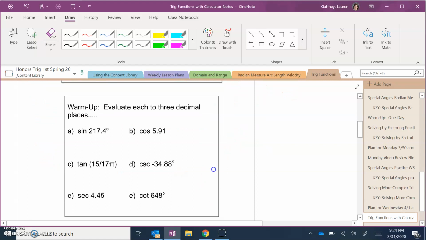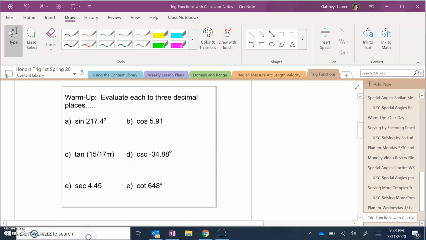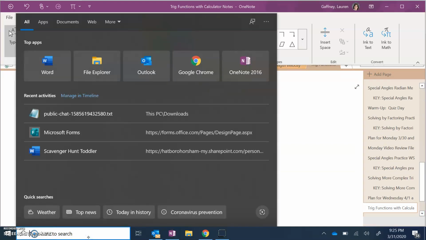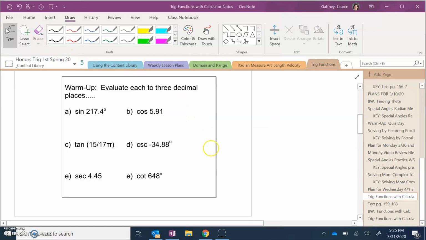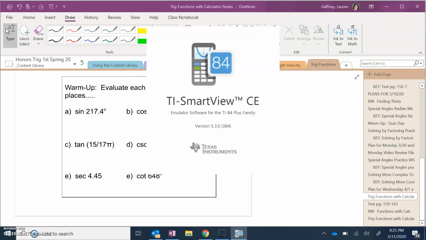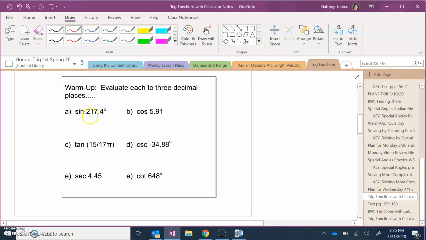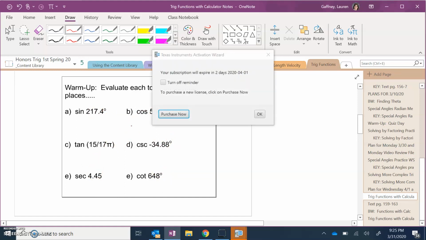So here's where you're going to start to need the calculator. Smart View. Now, you really need to pay attention to whether the angle that is given is in degrees or radians. For degrees, you're going to see the degree symbol. I'm going to do all the ones in degrees first, and then all the ones in radians second. I would do the same thing when you're doing practice.